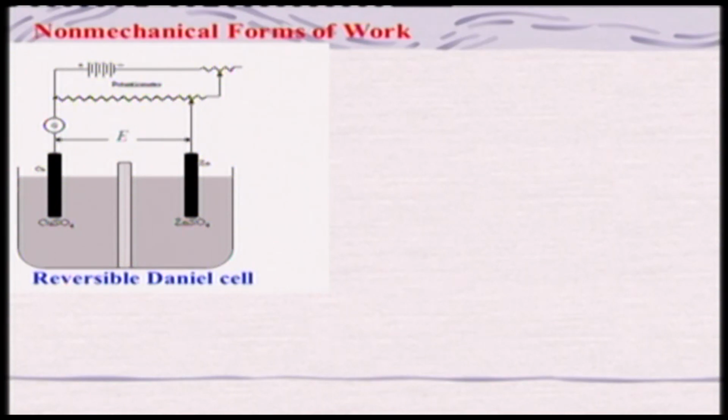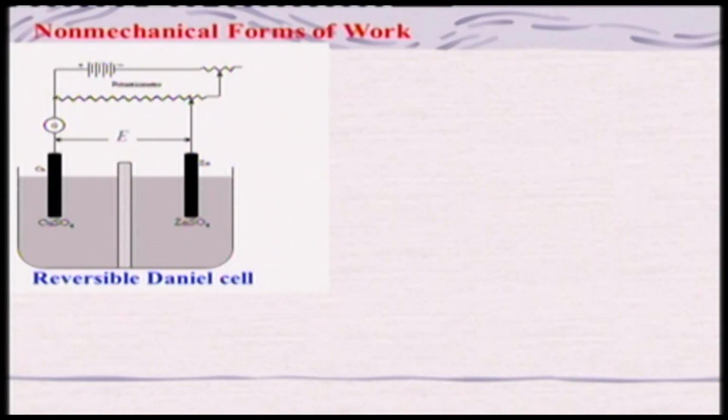This reversible Daniell cell has a copper electrode dipped into a copper sulfate solution, and a zinc electrode dipped in zinc sulfate, with a membrane here. It is connected to a potentiometer, and G is basically a galvanometer, which is subjected to the voltage E.